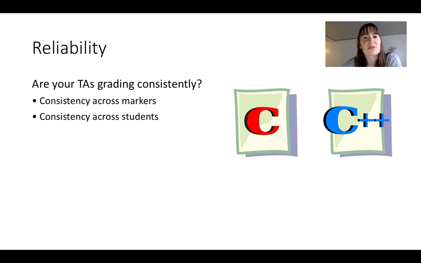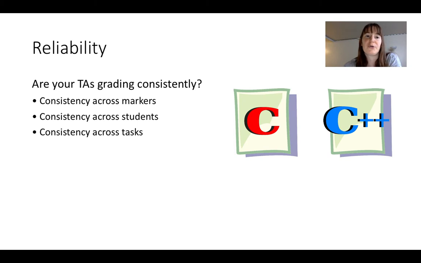Another tip, of course, for final exams or tests is to consider asking your TAs to grade one question at a time instead of one exam at a time, so they can focus on where the part marks come from with each question instead of having to try and think of that fresh each time.